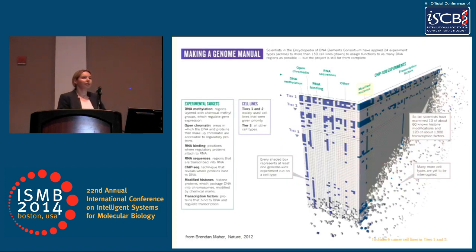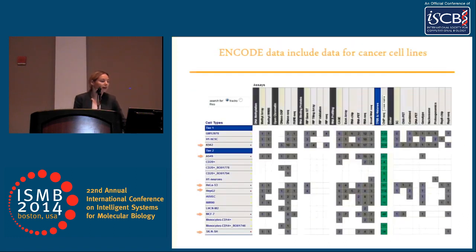So there was a huge effort by the research community to map these histone marks along the genome for many cell lines. And among these cell lines, there are also cancer cell lines. So here you see a list of cell lines in the ENCODE data set.